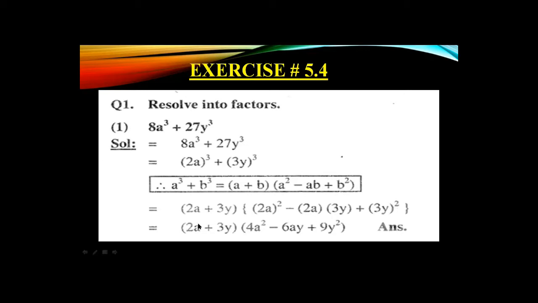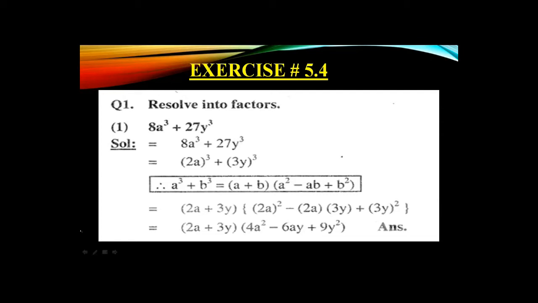Now the last step. I will first just copy down the first bracket as it is, because no simplification is required in this bracket: 2a plus 3y. 2a square means 2 2s are 4a square, minus 2 1s are 2, 2 2s are 4, 2 3s are 6, ay, plus as it is, and the square of 3 is 3 3s are 9, 9y square.